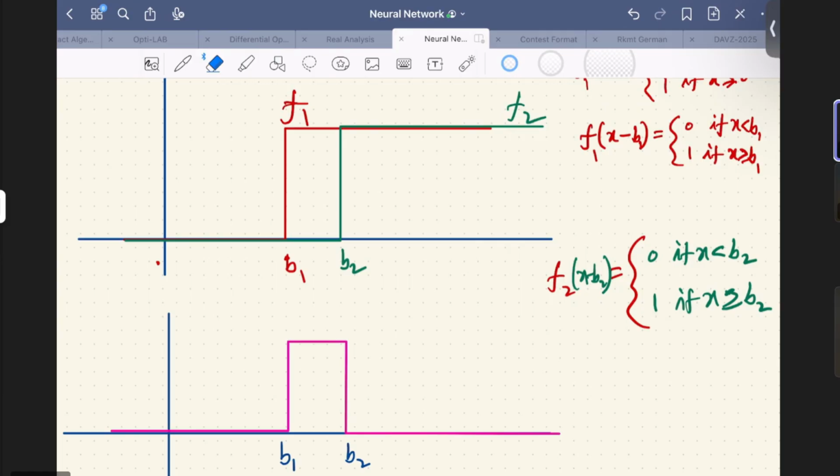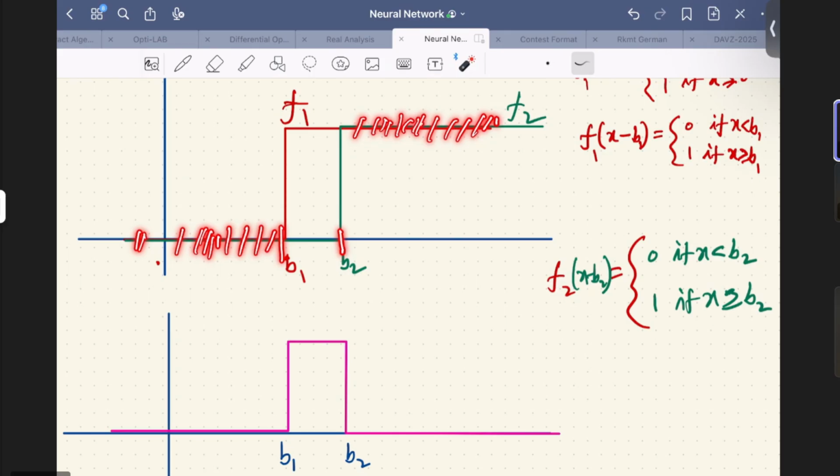Why are you thinking too much on this? Think of it very carefully. Below b1, both the curves coincide. After b2, both the curves coincide, right? You take the advantage of it.